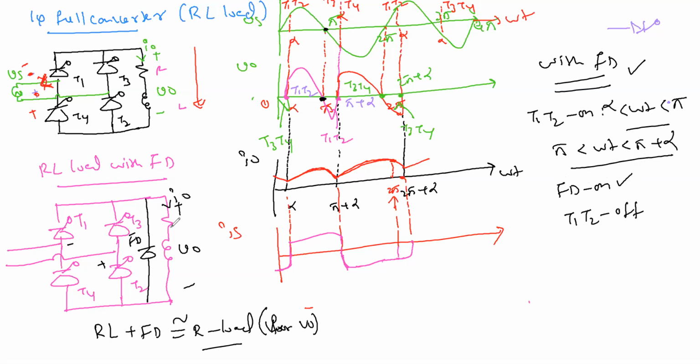So ये point लिख देना please. Please mention this point. If a freewheeling diode is connected, up to omega T equal to pi plus, plus means just after the pi, freewheeling diode is on.